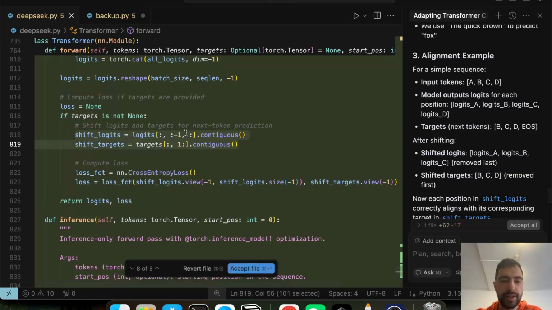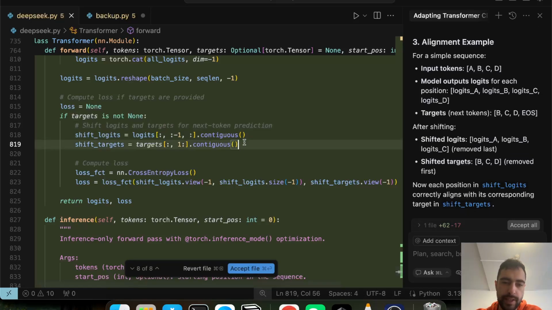If targets are provided, then we will use cross entropy loss. Here is a better example of what these two lines do. Let's say you have a sequence ABCD and you calculate logits for each, so probabilities for each of the tokens. During training you do this. And then you also have targets BCD and end of sequence.